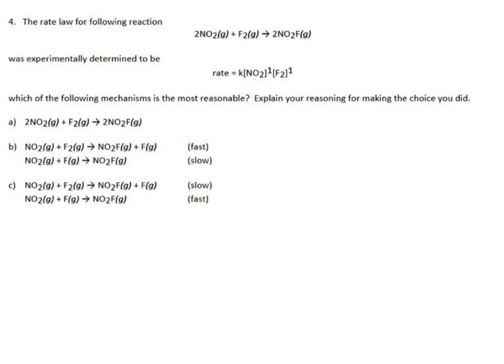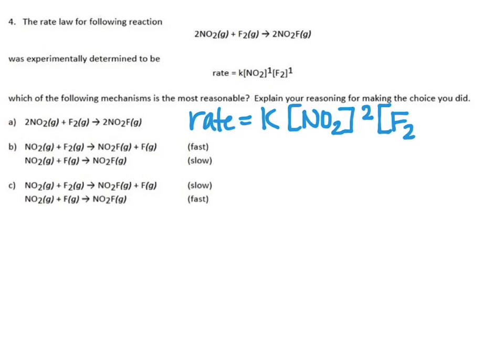A does not have a fast or a slow step, which means this takes place in one reaction. So the rate would be K, and this time NO2 is to what order? Second. And then we have F2 to a first order. Does that look like the one I've circled? No, so that answer is not right.